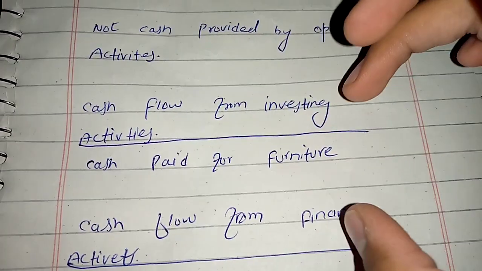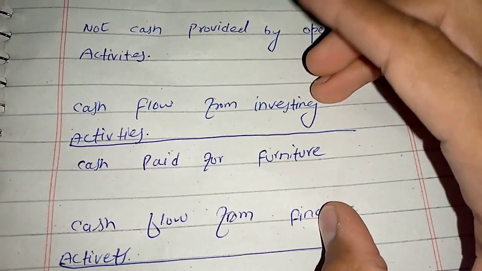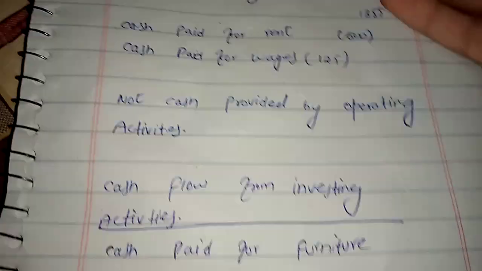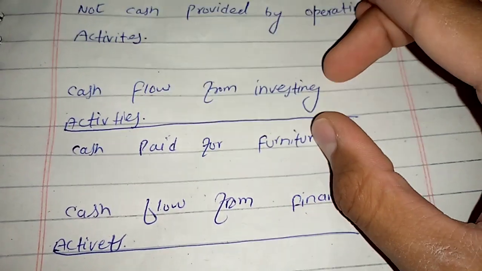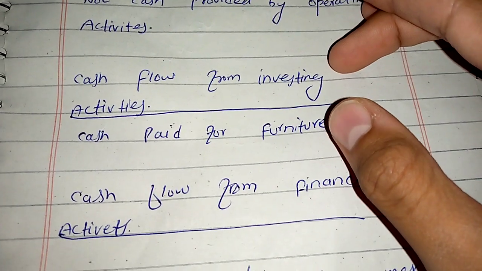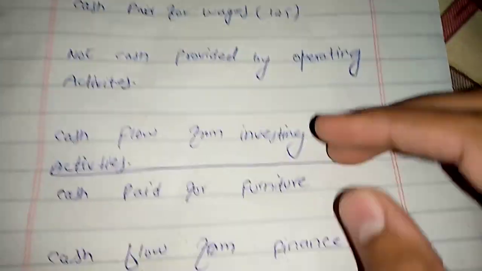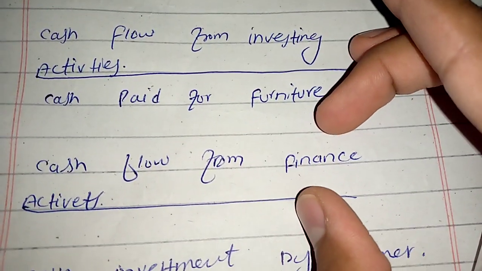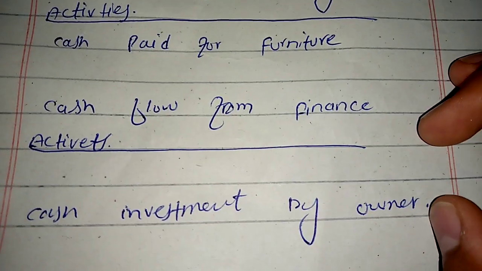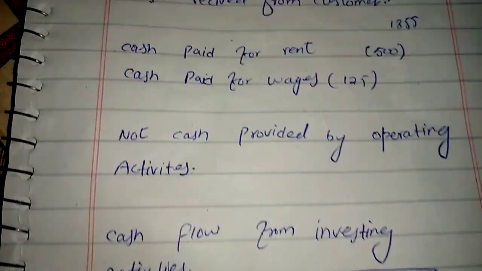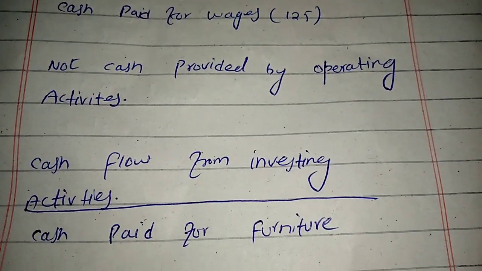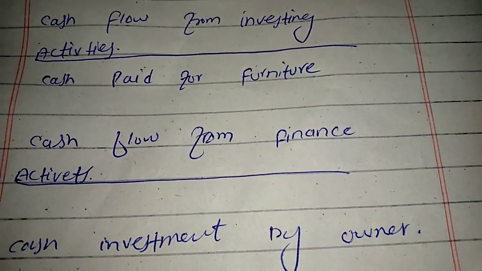The space for this activity is a little bit separate from these activities, so we keep cash flow from investing far from these. So cash paid for furniture, cash flow from financing activities, cash invested by owner. So these are some cash flow activities and the cash flow procedure, how we make a cash flow.